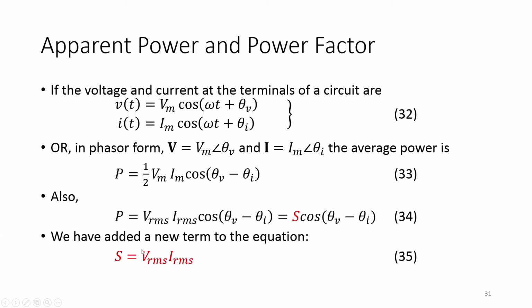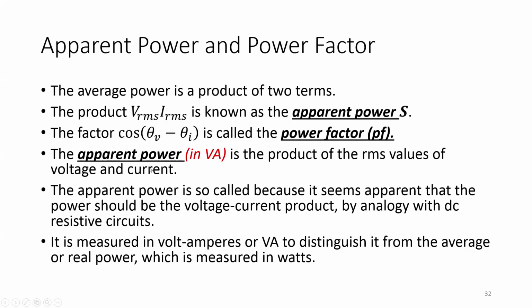So simply, we can say that apparent power is the multiple of RMS value of voltage and current through some circuit element. The average power is the product of two terms, and those two terms are the apparent power and the power factor.